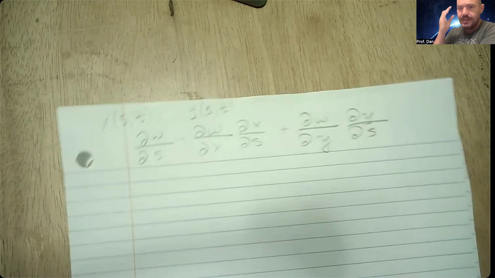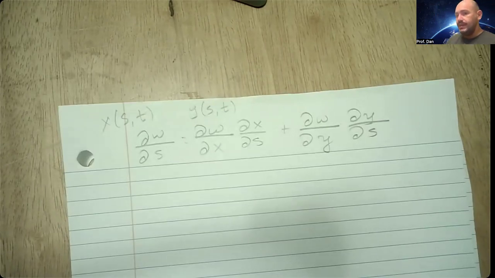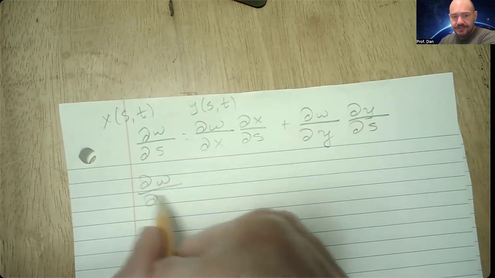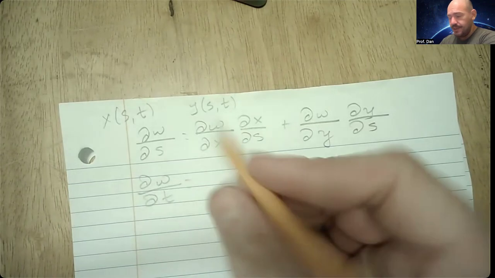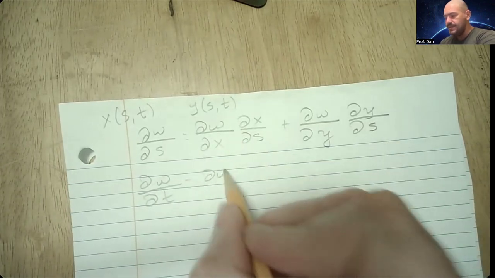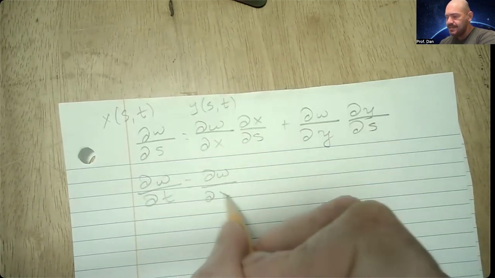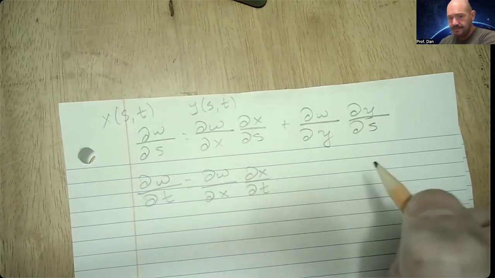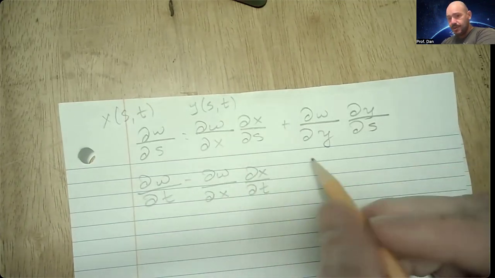And that gives me the y part of the derivative with respect to s. And if I wanted to do this for the parameter t, I would follow a similar formula. I would start with partial of w with respect to x times partial of x with respect to t. That gives me the x part.